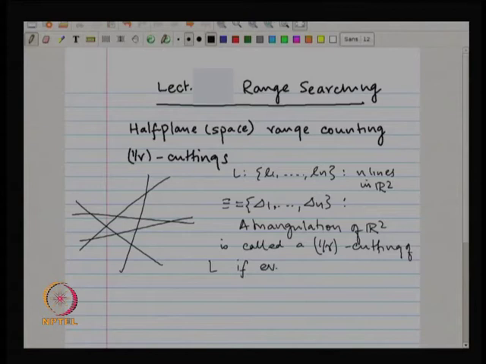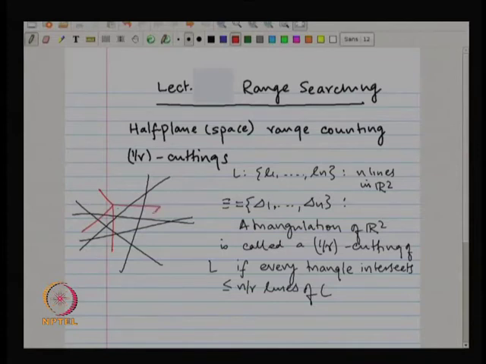if every triangle intersects at most n over r lines of L. So, it means that what you want to do is have a triangulation something like this, red lines.